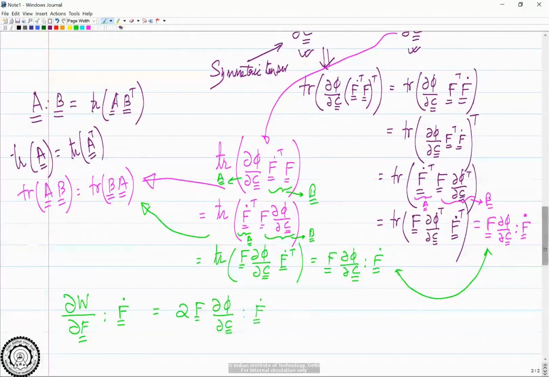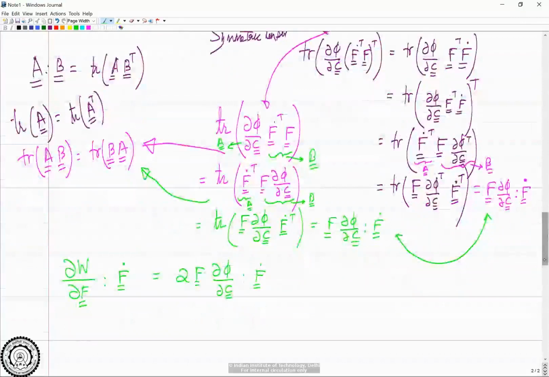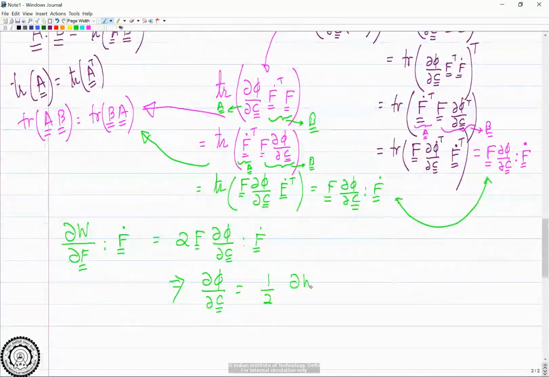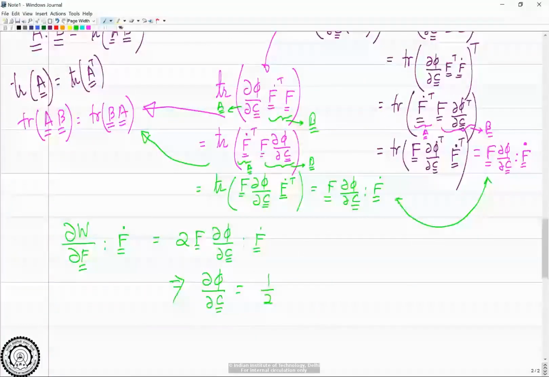And since F dot can be arbitrary, this simply implies that del phi by del C is equal to half of, it has to come in the front, F inverse into del W by del F.